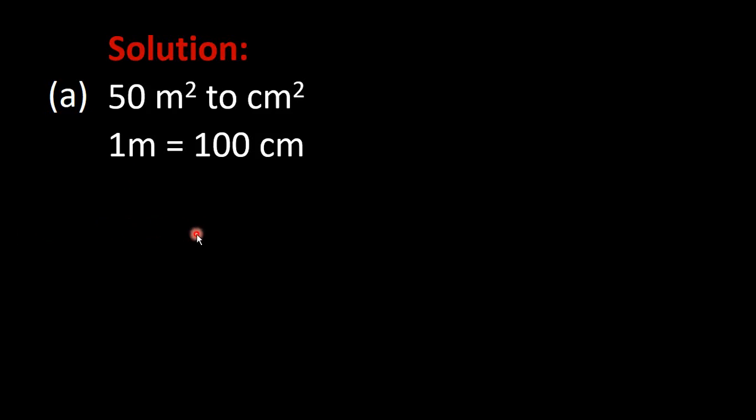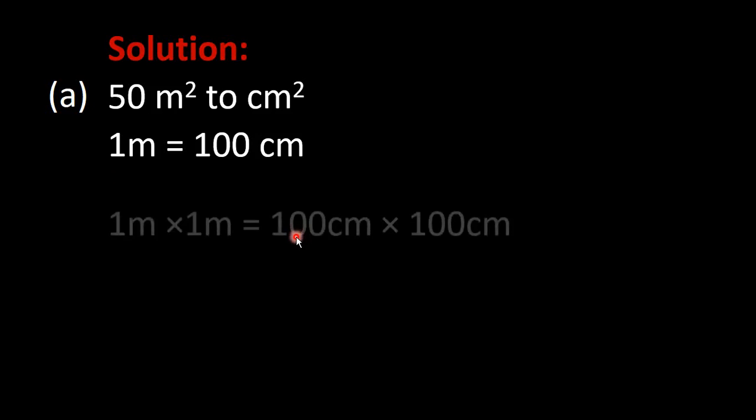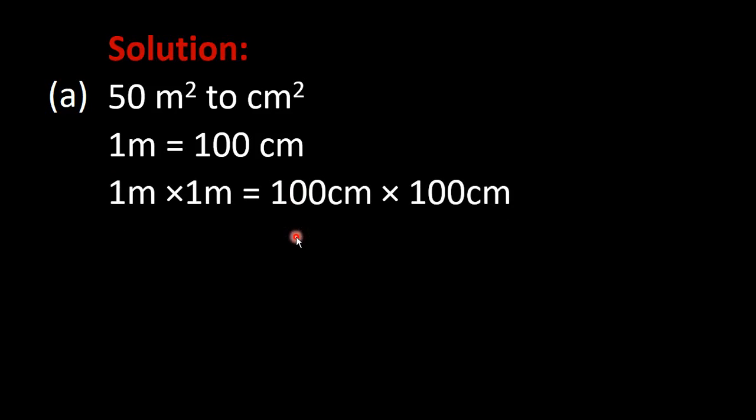So 1 meter times 1 meter is the same as 100 centimeters times 100 centimeters, which will give you 10,000 centimeters squared. And so 1 meter squared is equal to 10,000 centimeters squared.